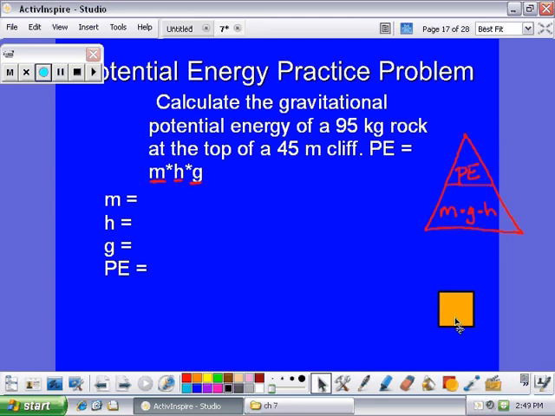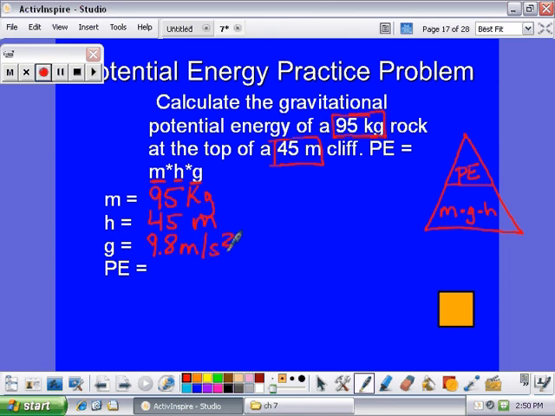So we look at what the equation is and what is given. We look at the problem and you have 95 kilograms. That is our mass, so we list it here. It says at the top of a 45-meter cliff. That is our height. Now you look at the equation, gravity is missing. But like I said before, we know that it is 9.8 meters per second squared, so it is a given.